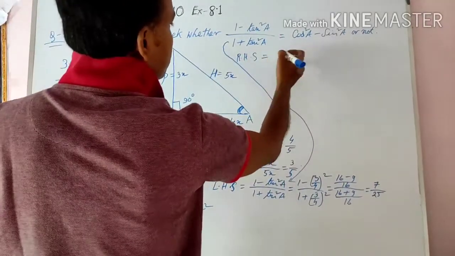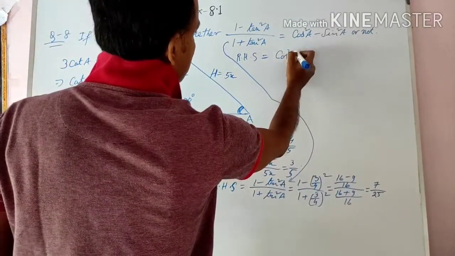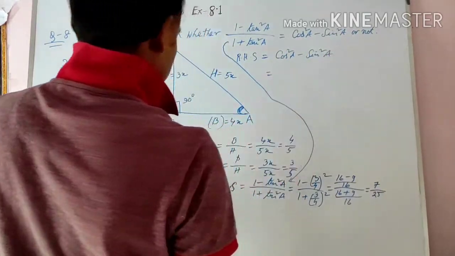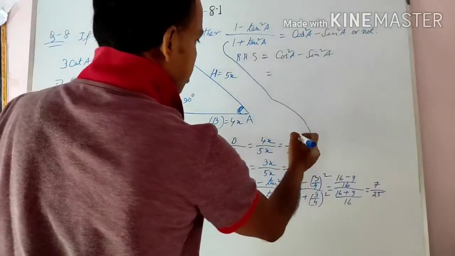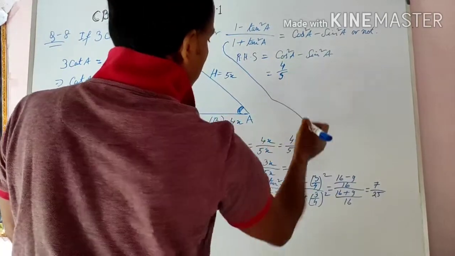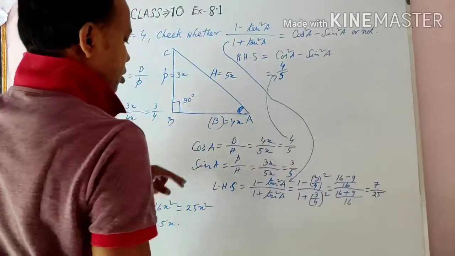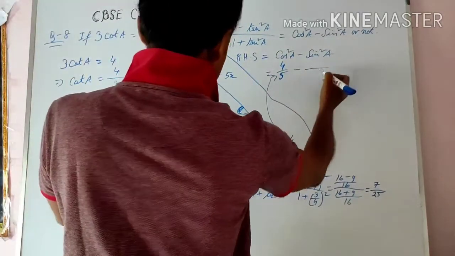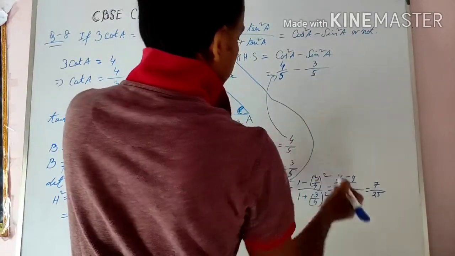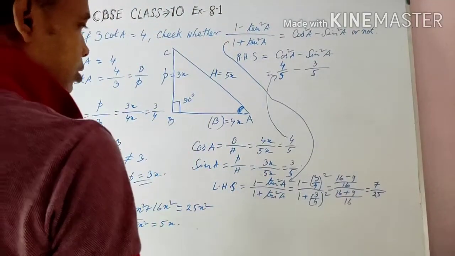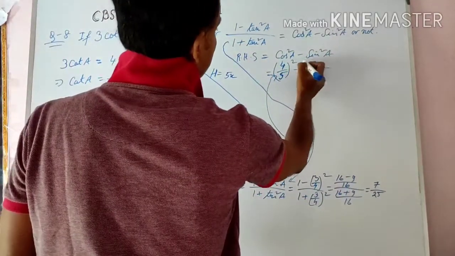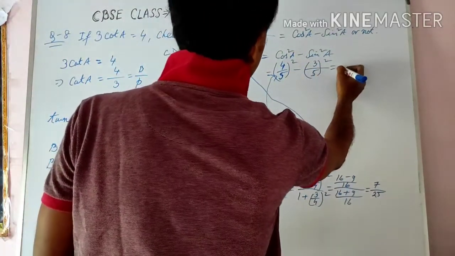Right hand side is equal to cos square A minus sin square A. Cos A is equal to 4 by 5, and sin A is equal to 3 by 5. So these are squared here.